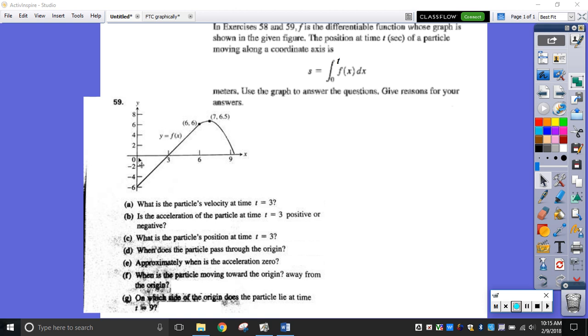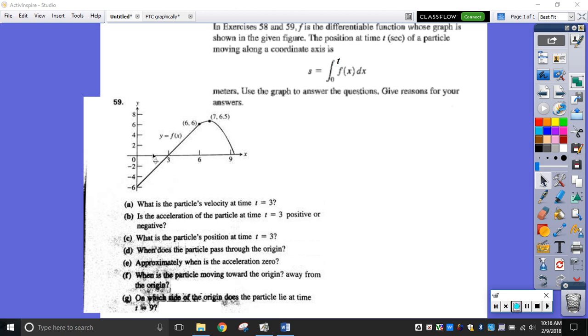So graphically, it's starting at 0 and moves to 3. And so we're going to find the area of this triangle, which is 1/2 base times height. So it would be 1/2 times the base, which would be 3, times the height, which would be -6, or just 6, depending on how you want to view it. But either way, your area will be negative because it's under the x-axis.